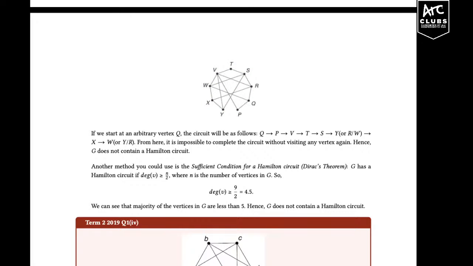So I go X, W, V, T, S, R, Q, and then P, but I need to end up at my vertex Y. And you can see that the only way to do that is if I visit vertex V again, because that's the only edge that I can use to get back to vertex Y.